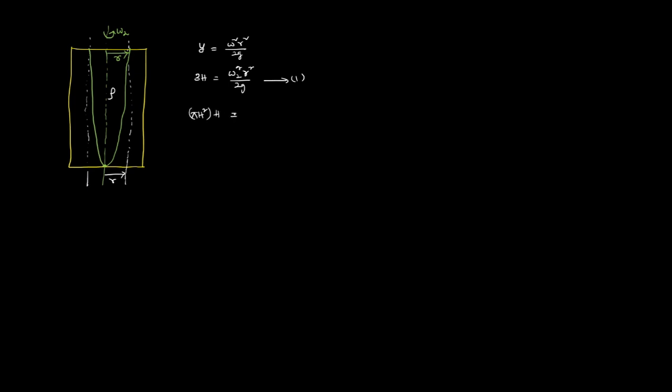This we know already: pi h cube is equal to half of the cylinder volume, which is half into pi r square 3h, because 3h is the height of the cylinder and r is the radius. Half of the cylinder volume will be the paraboloid volume. Already we have taken that, so I am using volume conservation here.